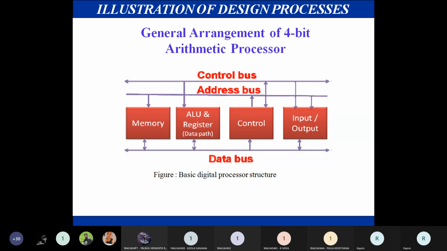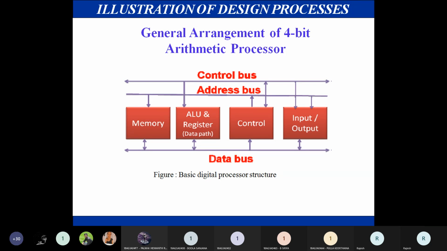Digital processor structure. You can see there is a 4-bit arithmetic processor. This 4-bit arithmetic processor has 4 submodules. The subsystems shown are memory, ALU, and registers, implemented as a data path.